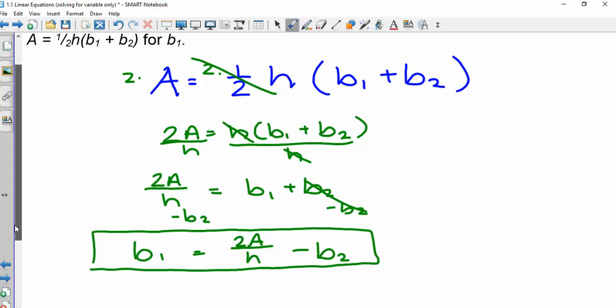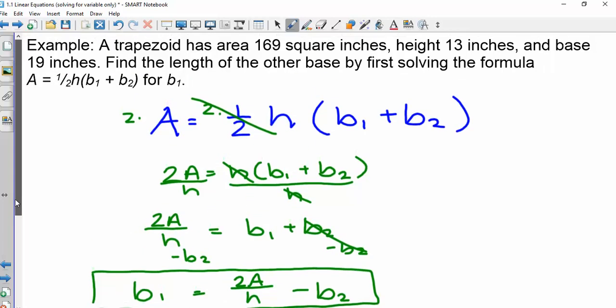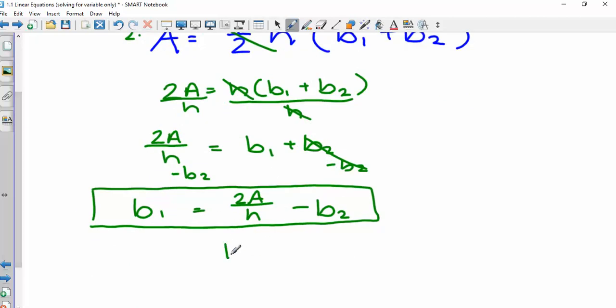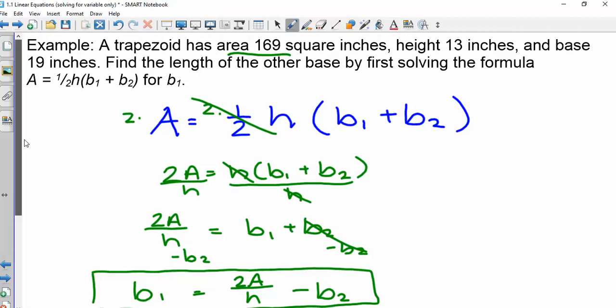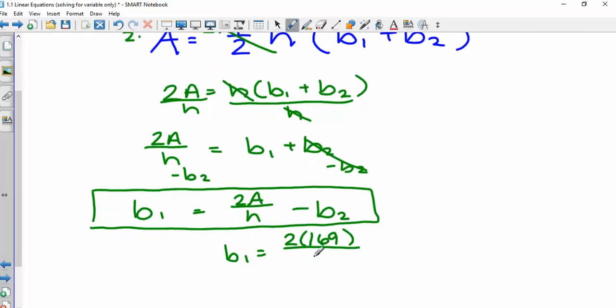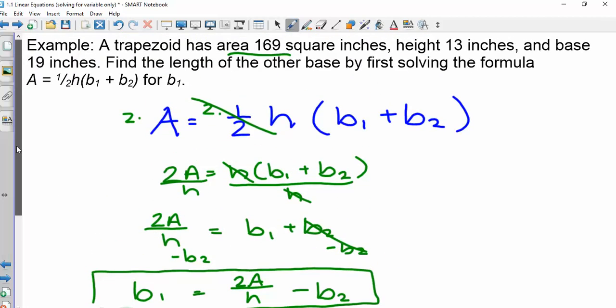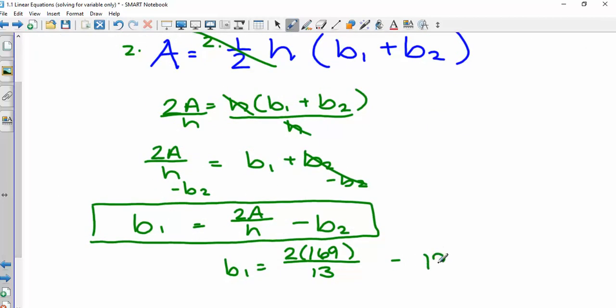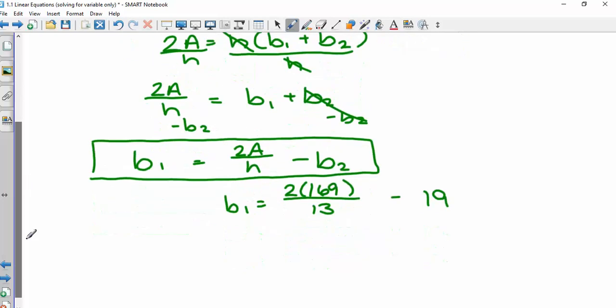Okay. Now we can answer the other question. It told us the area was 169, so what am I going to plug that in for? Okay. My height was 13, and my other base was 19.